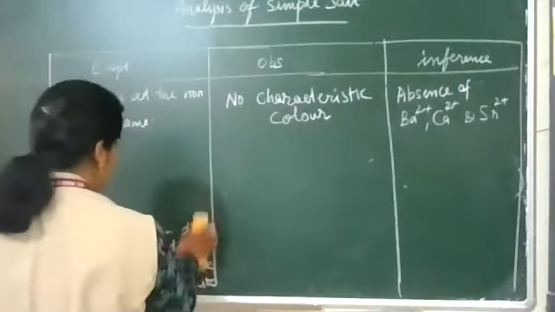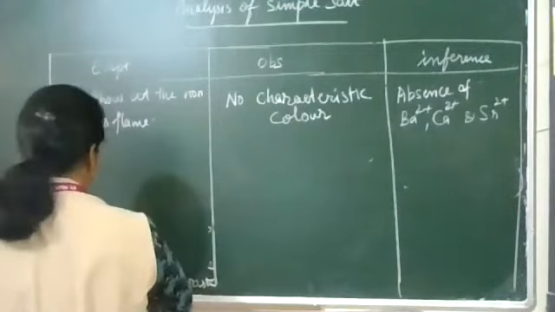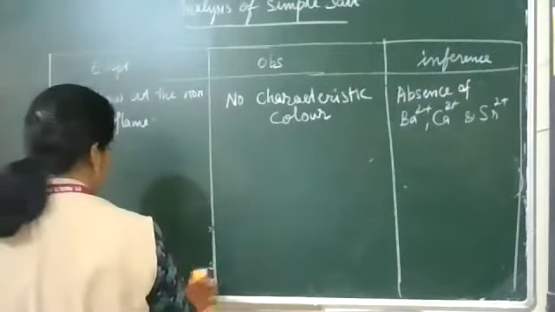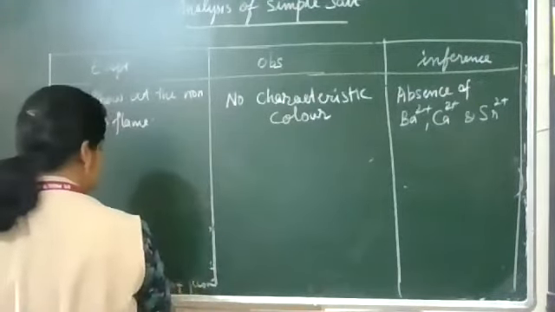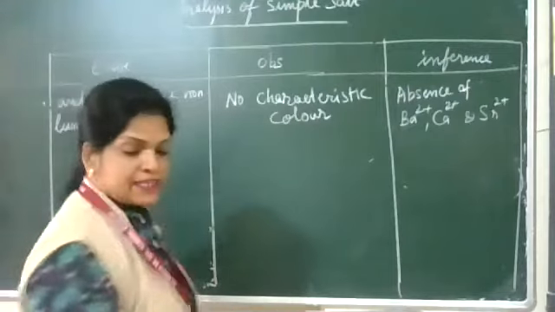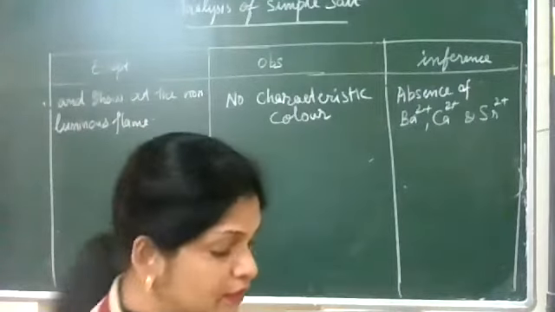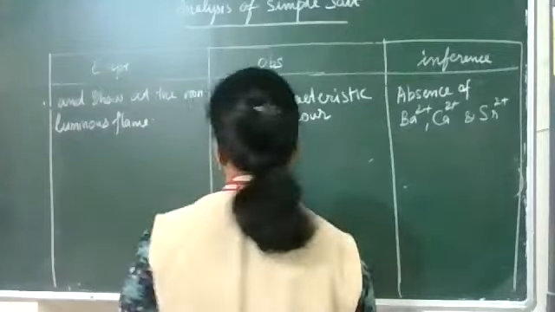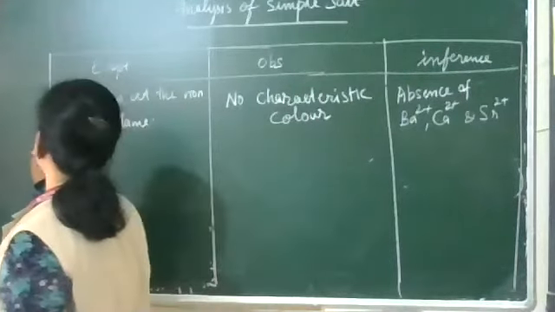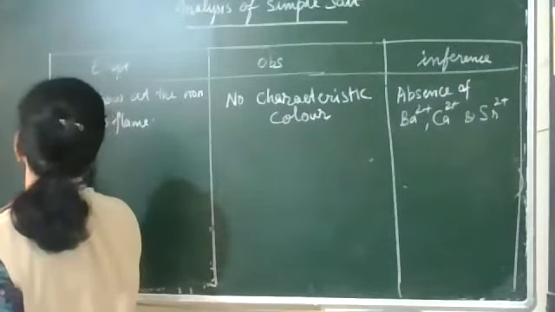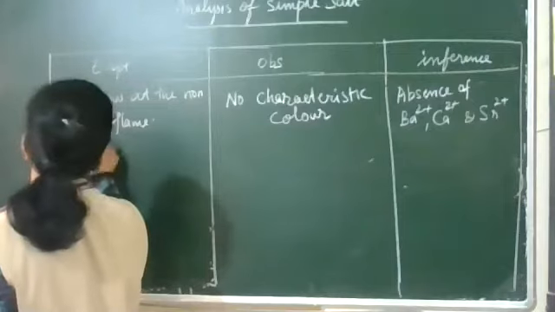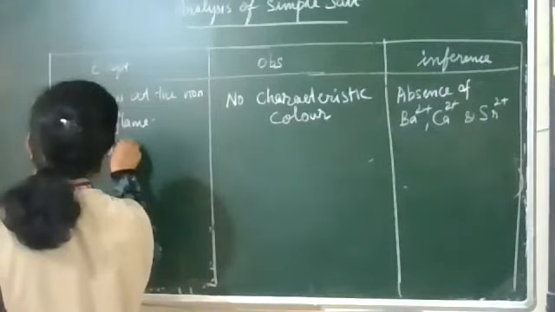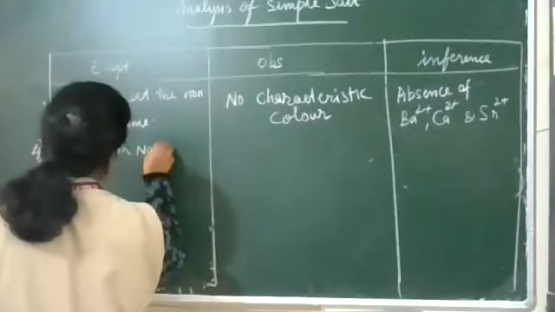One more thing you can check is whether it contains ammonia. So the first is color and appearance, second is solubility, third is the flame test, and fourth is action with heat.